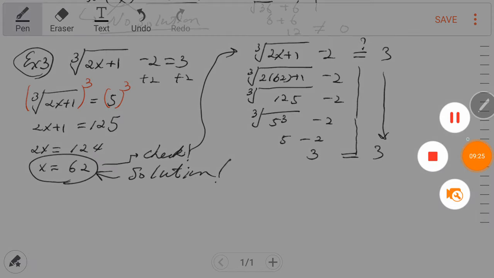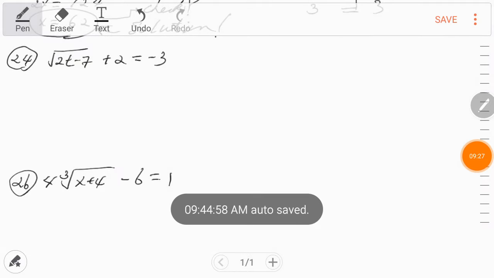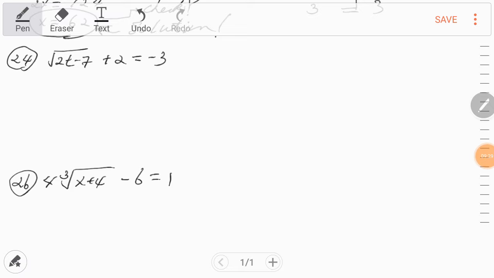Alright, let's try the next one. Let's solve exercise 24. So we've got to move 2 to the other side. Then square root of 2t minus 7 equals 3 minus 2 on each side, then negative 5. Okay, a square root is always positive, but we got a negative. So in this case, we know that there is no solution.